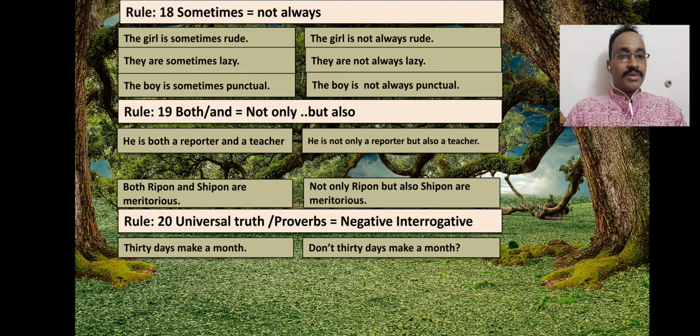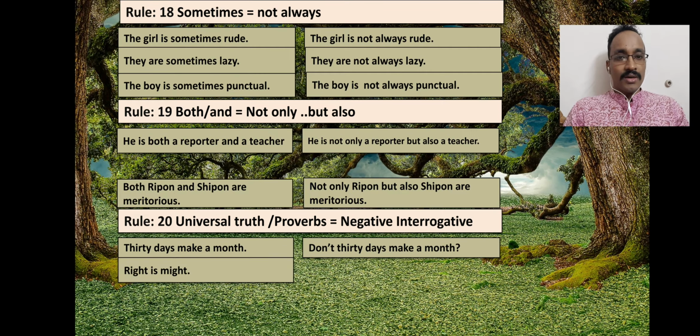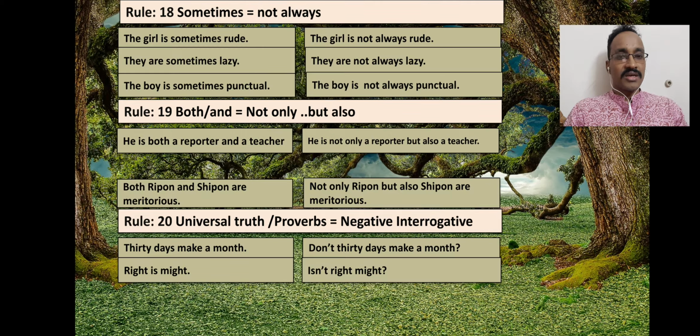And if we bring those be verbs, verb to do, verb to have, or modal verbs to the beginning of the sentences, then those sentences become interrogative. And at the same time we will use negative with those interrogative sentences. Right is might. So to make it negative, isn't right might?